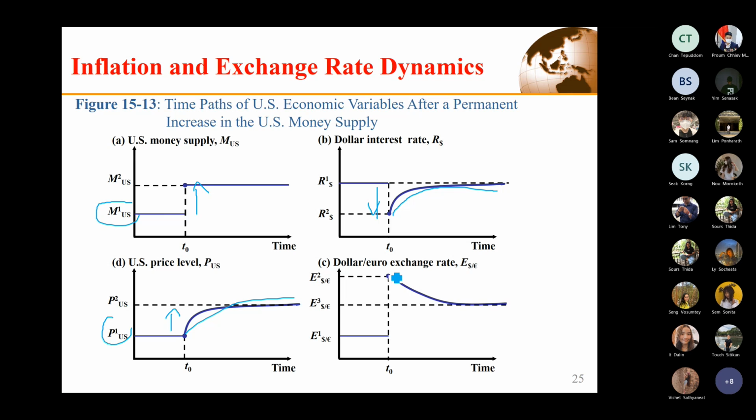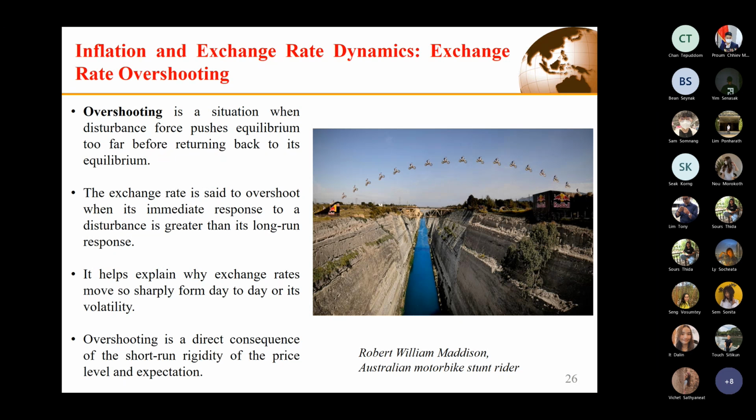You can see that the exchange rate starts to come back, but it never comes back to E1. It jumped from E1 to E2. In the short run, the currency depreciates a lot, and it starts to decline as price starts to increase. It tried to come back to E1, but it never did. It ended up only at E3. So we call that the overshooting.